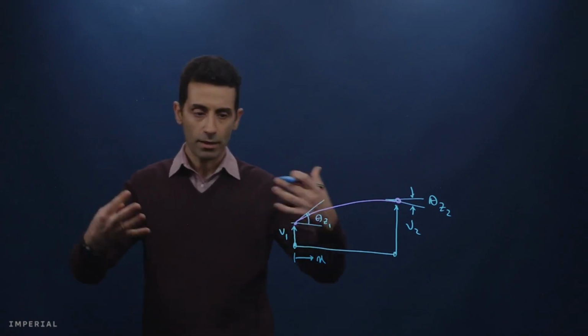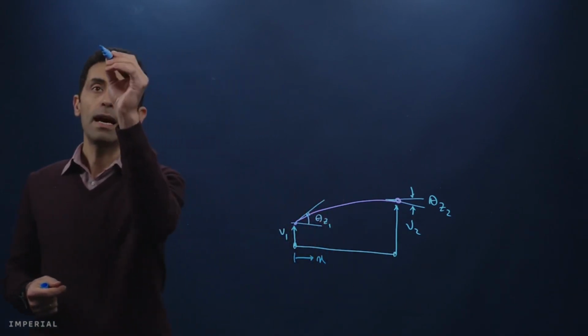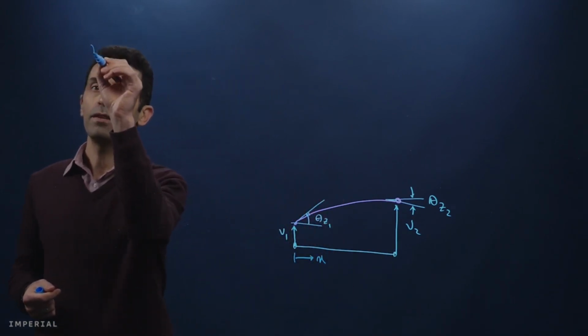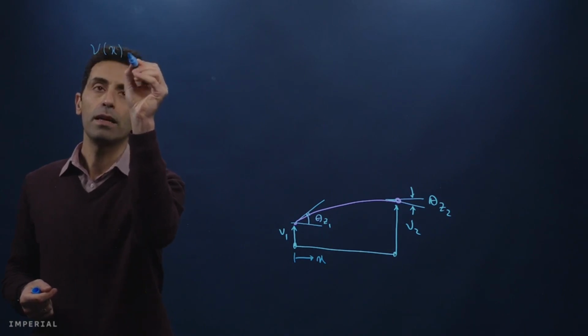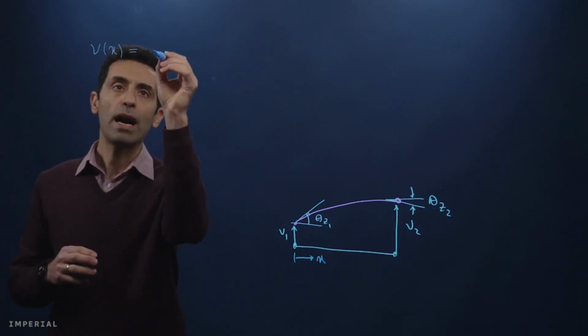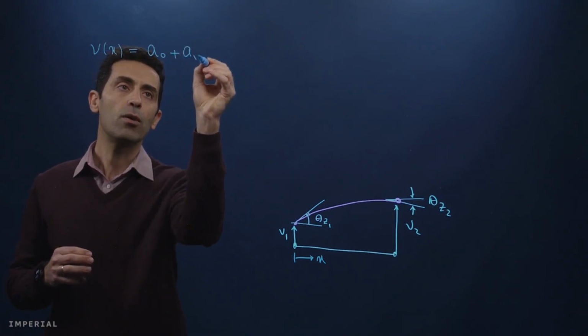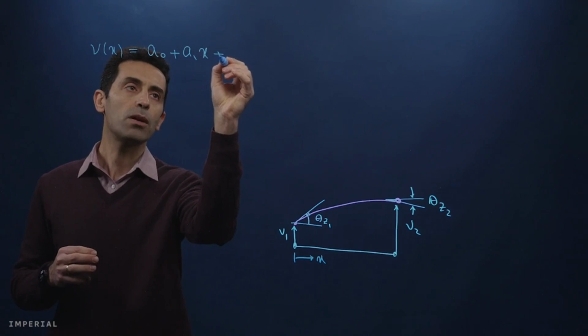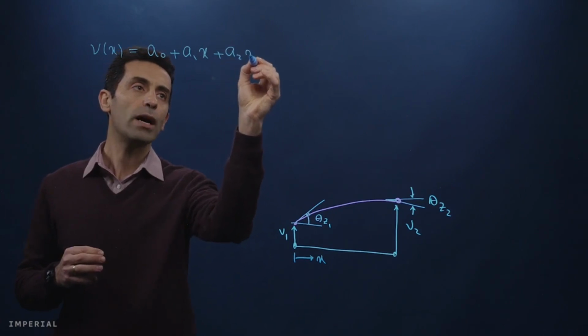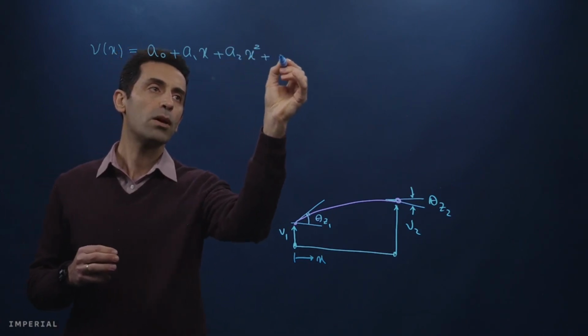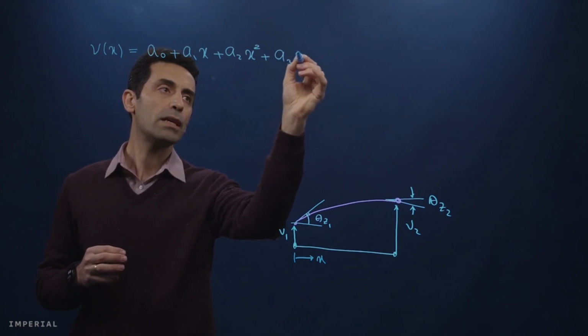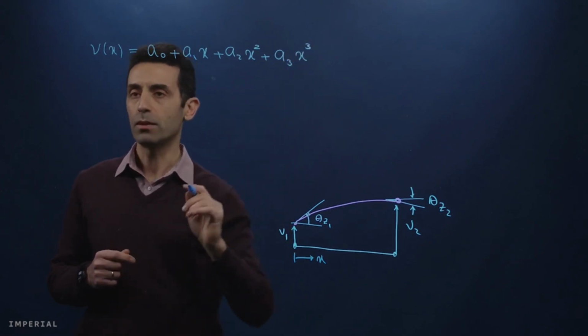So I can write this cubic function as Vx equals, so we have A0 plus A1x plus A2x squared plus A3x cubed, right?